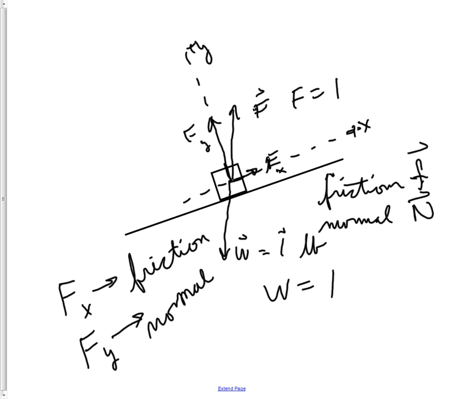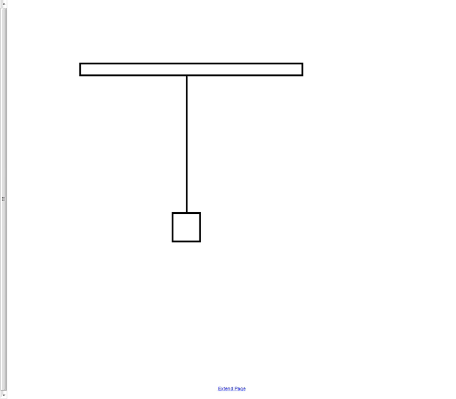Now I want to go to an analogous situation so I can talk about a different kind of contact force. So once again, I have a coffee cup. Now my coffee cup is hanging from the ceiling by a string, and it's sitting there in equilibrium.